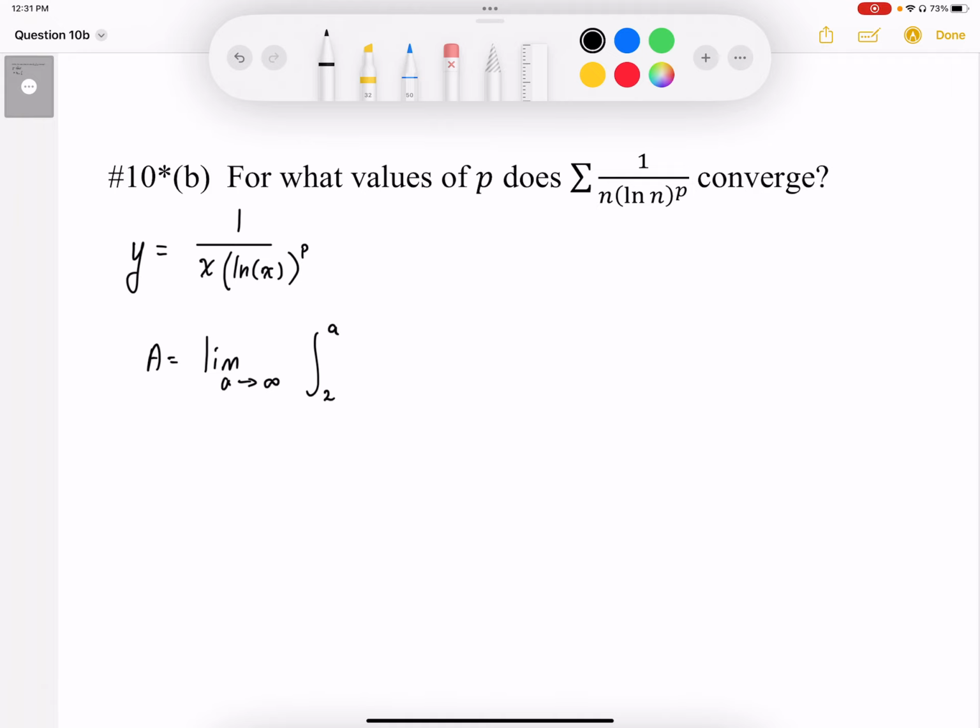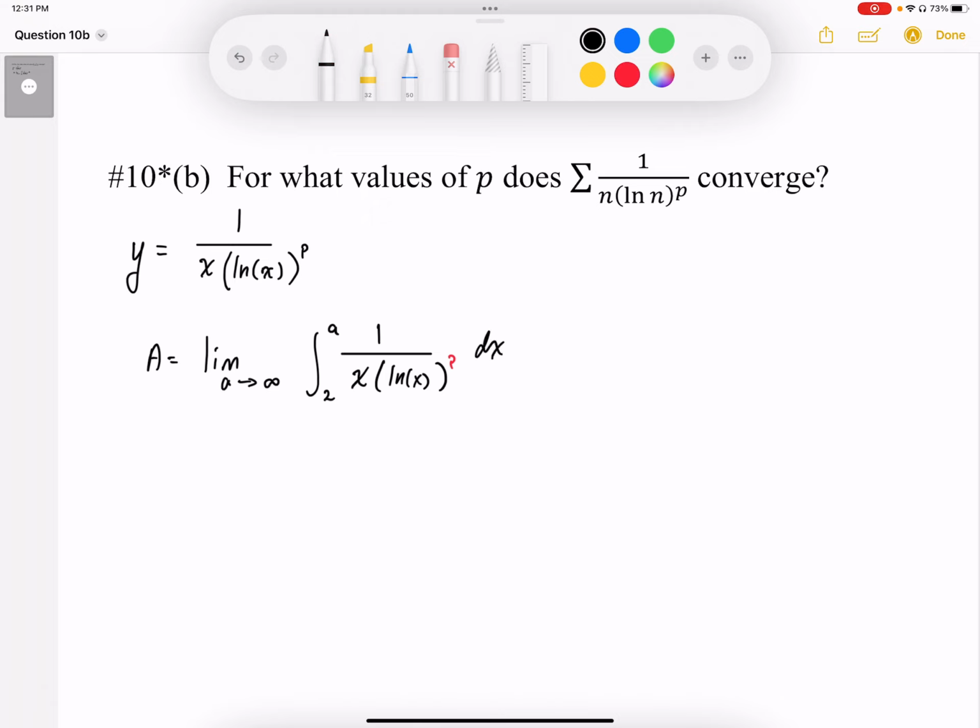Then I'm going to have 1 over x log x to the power of p. That p, we need to then decide what it's going to look like. So we're going to do substitution. I'm going to need a dx in here.